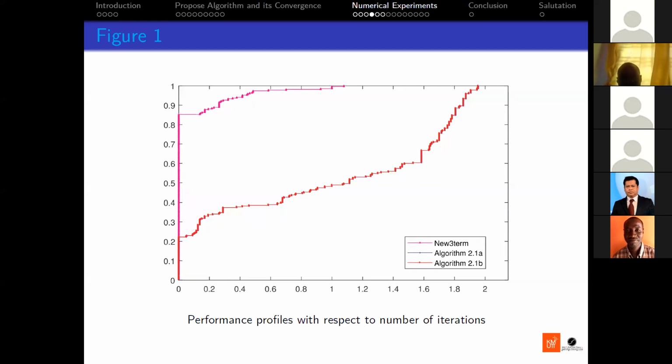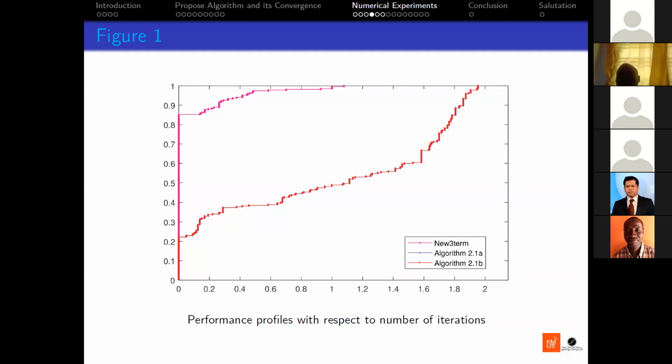of the problems considered. Because we considered 8 problems, with 5 dimensions and 6 initial points, it is 8 times 5 times 6 problems. 8 times 5 is 40, and 40 times 6 is 240. So you have 240 problems, and each time you run the problems, you report the number of iterations of each solver.